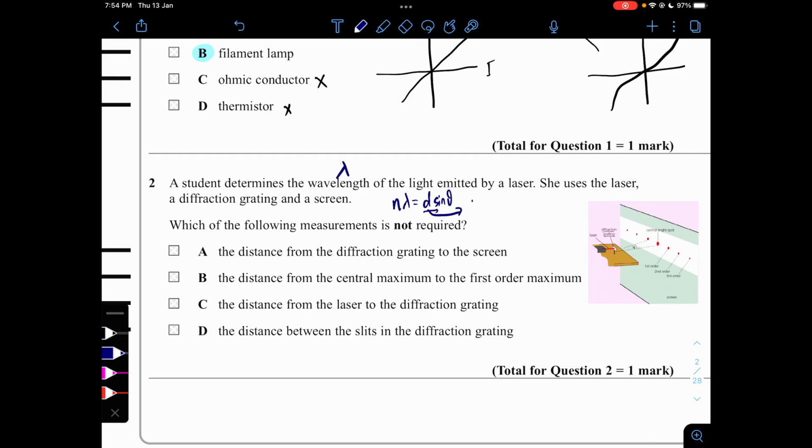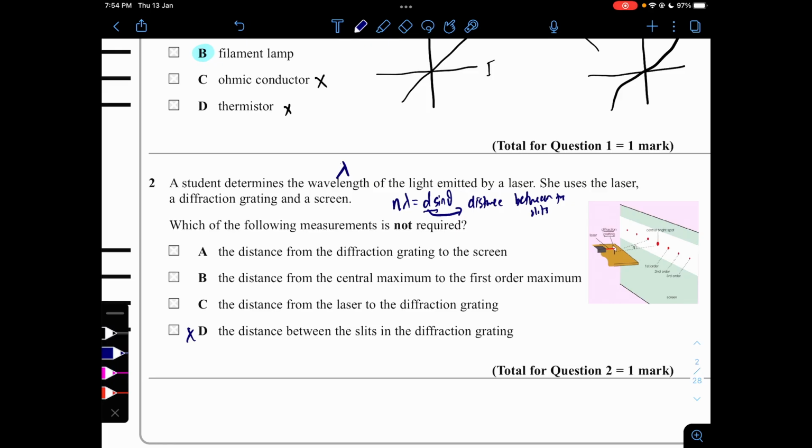So this is the distance between the slits, which in this case, as you can see over here, is d. So we can rule out d, because we do need this to work out our lambda. Alright, what else?